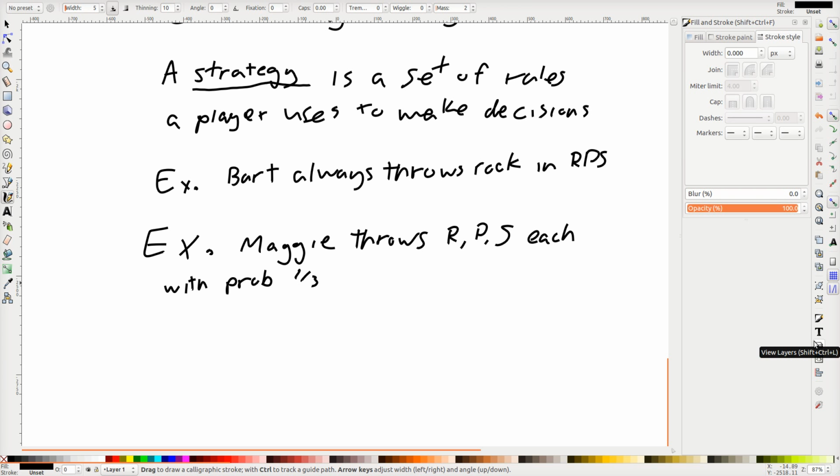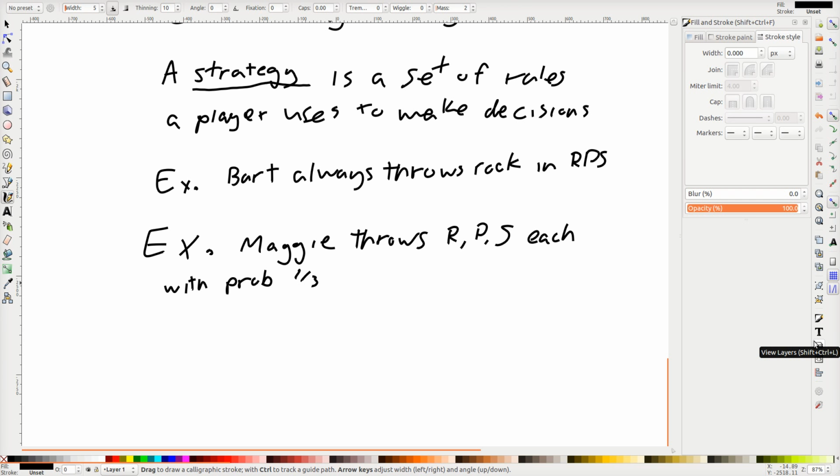This introduces a new idea, that your strategy doesn't have to be deterministic. It's okay for you to be in the same situation but make different decisions each time.